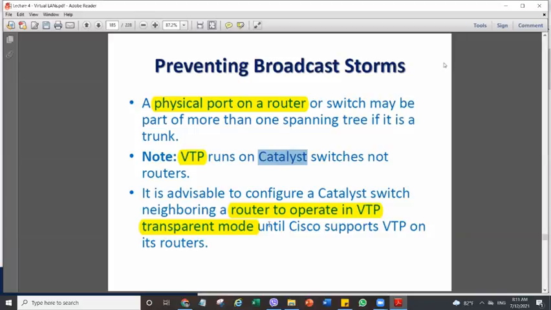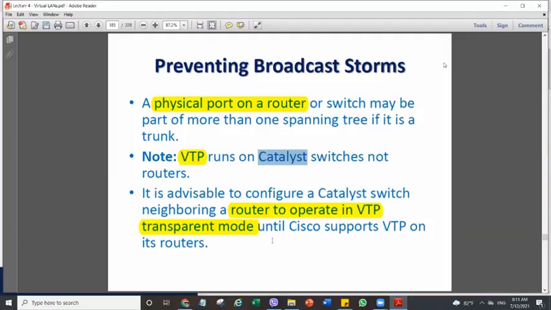So once the router operates in the VTP transparent mode, it means if we want to introduce the VLANs in that particular port, we should do that on the port itself.